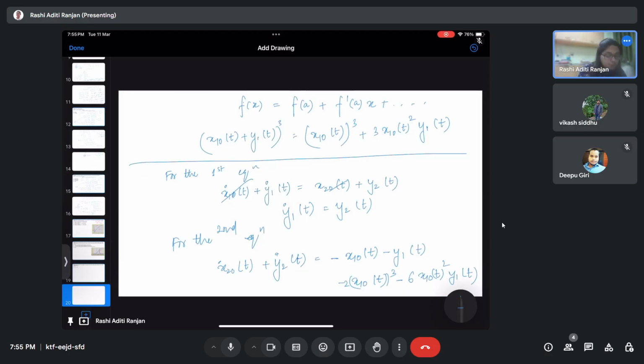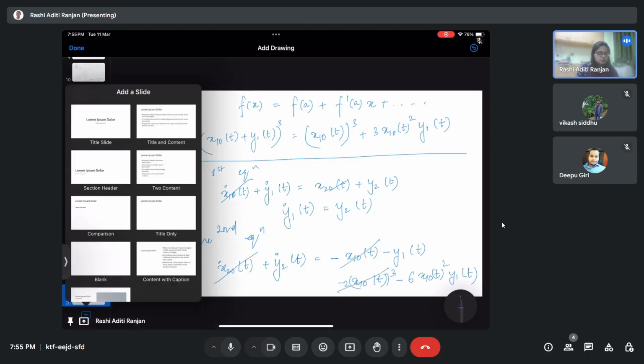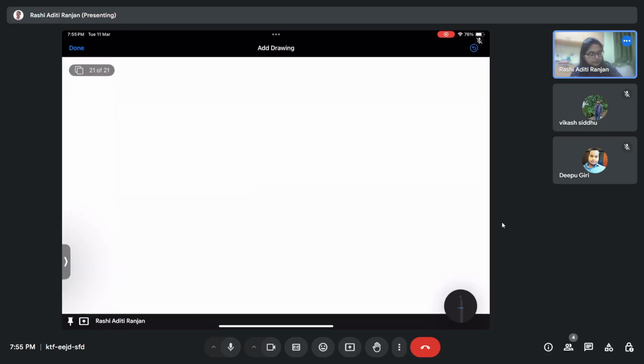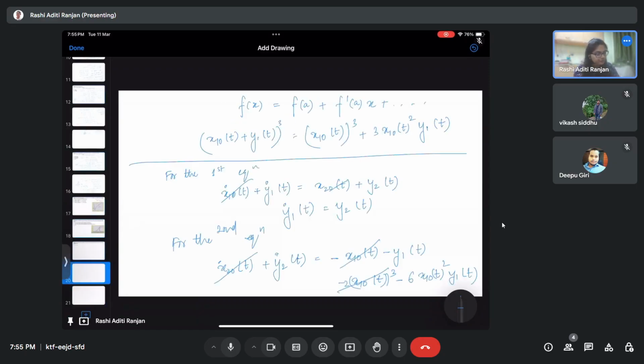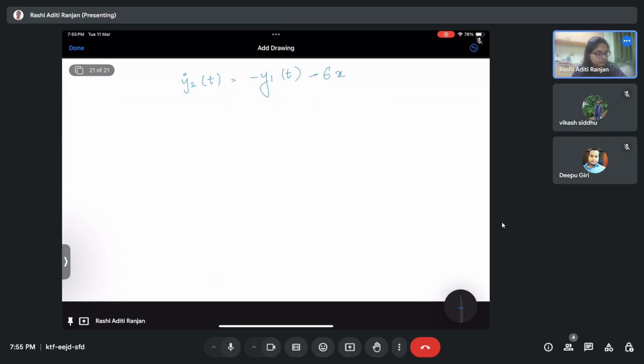So what we can do is, we can take this term and this term because it satisfies the equation. So we are going to get the second equation as what? y2 dot of t is going to be nothing but minus of y1 of t and minus of 6 x10 of t square into y1 of t. So now I have both the equations. I'll just write the first equation also. Now this is the perturbed equation.